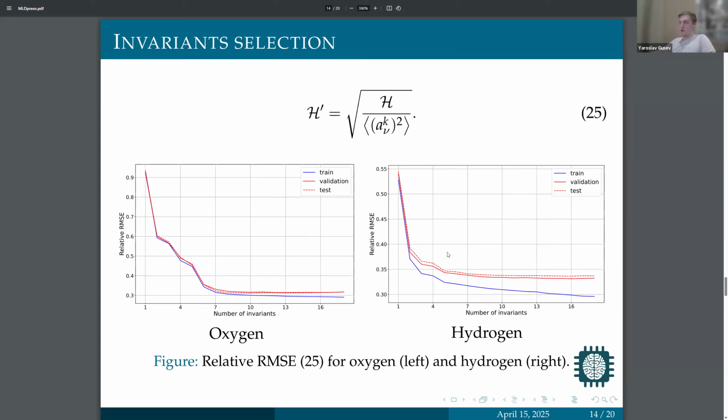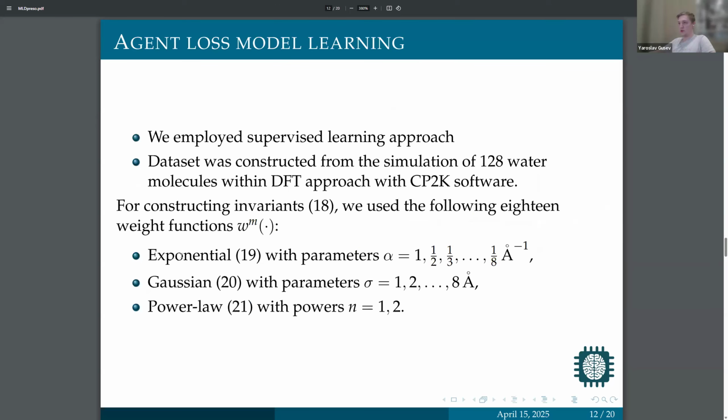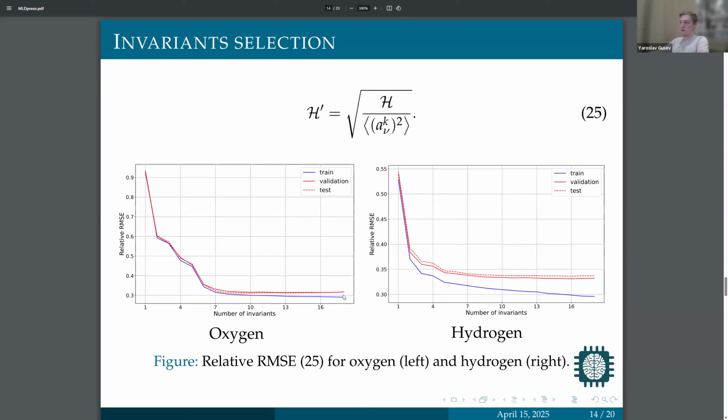Okay, and this is how the procedure of invariant selection looks. We start from all invariants, all these window functions, exponential, Gaussian, power law, with different parameters, and then starting from the right of this plot we remove invariants one by one in order to minimize the validation loss function, the calligraphic loss value, meaning that some invariants might be irrelevant for the particle's movement, so they may lead to overfitting.